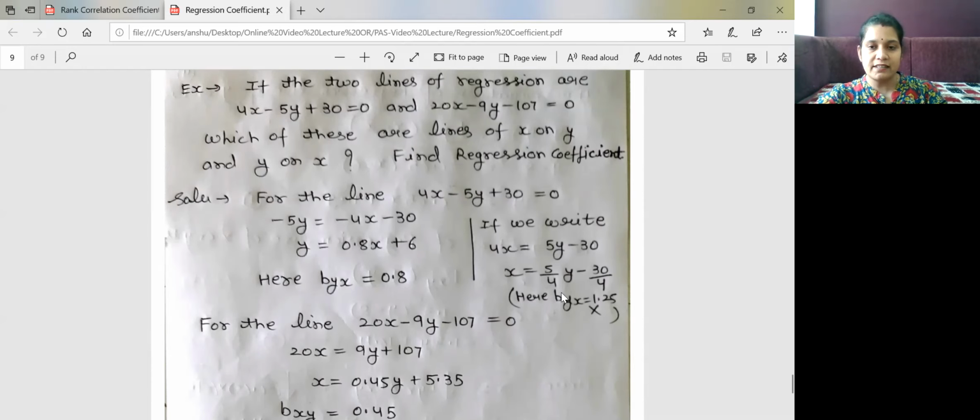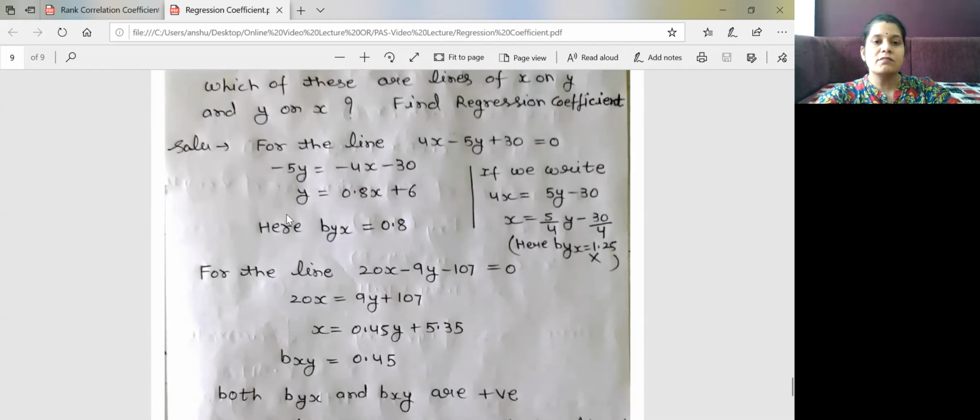That means here the coefficient of y is 1.25. So this is not valid because this is the greater value. Sometimes when we use both equations we get confused about which is the regression line of x on y and which is y on x. So follow this process.